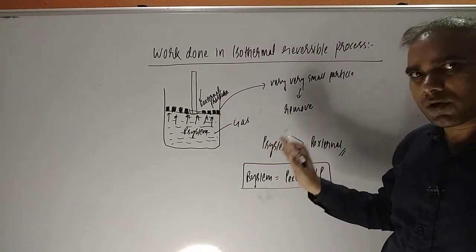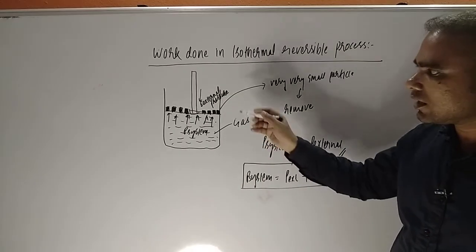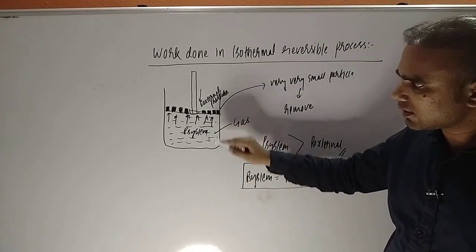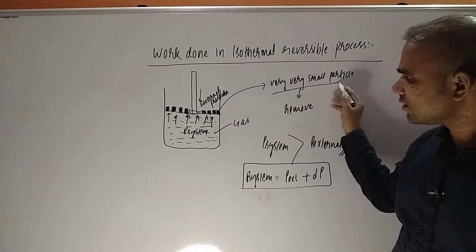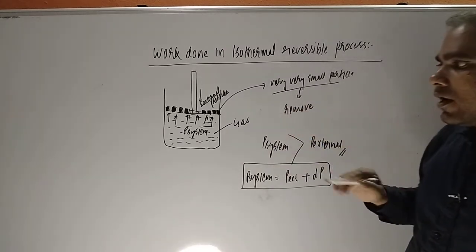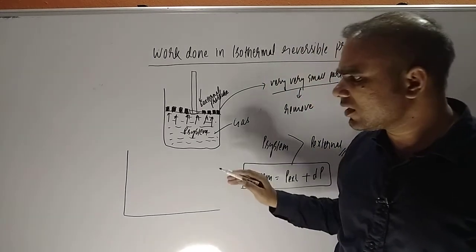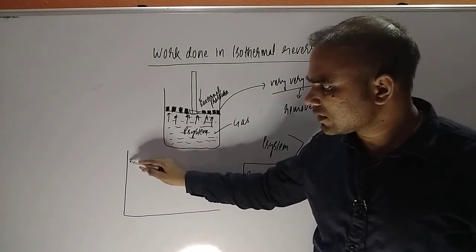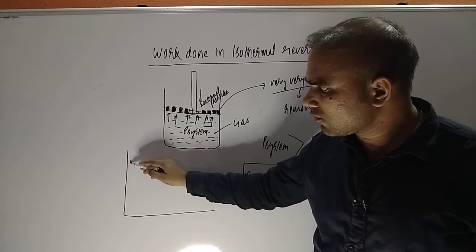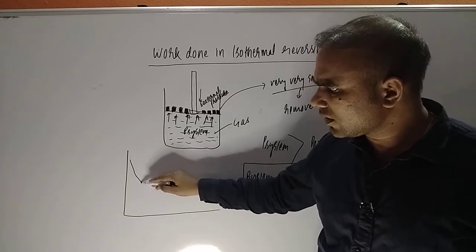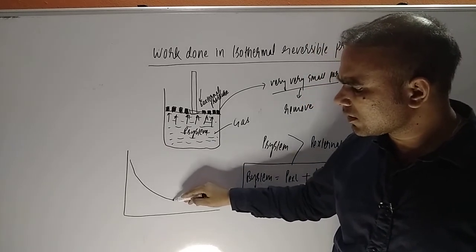It means the process is reversible. If you apply this force, it will compress; if you remove a small one, it will expand. So the work takes place very slowly. Suppose it is compression, the gas will change slowly.